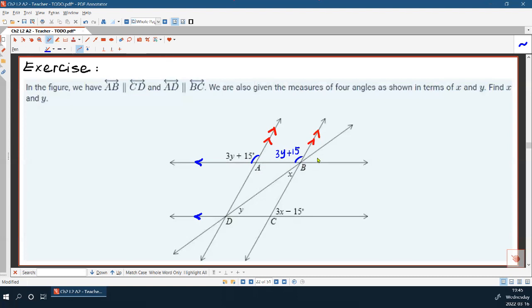Then let's consider this angle here. This angle is also 3y plus 15, right? Because if you consider this line and this line, these two angles are also corresponding angles. Therefore, we have the first equation: 3y plus 15 plus 3x minus 15 should be 180. Can you see that?